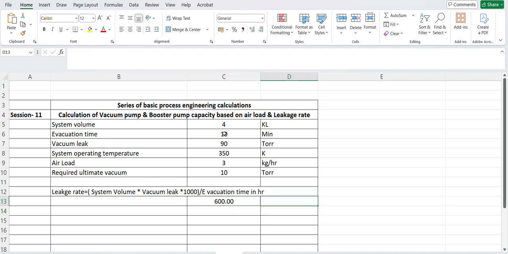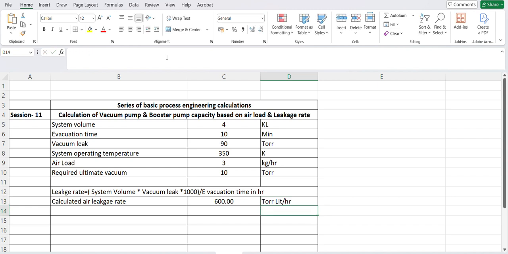So this is the calculated air leakage rate. It is in torr liter per hour. Sorry, it's per hour.